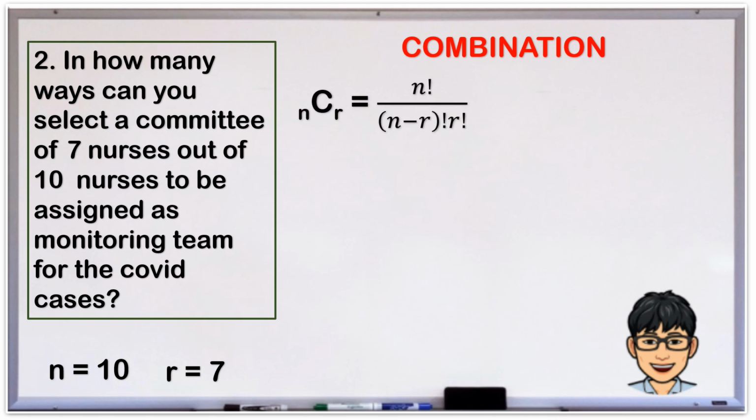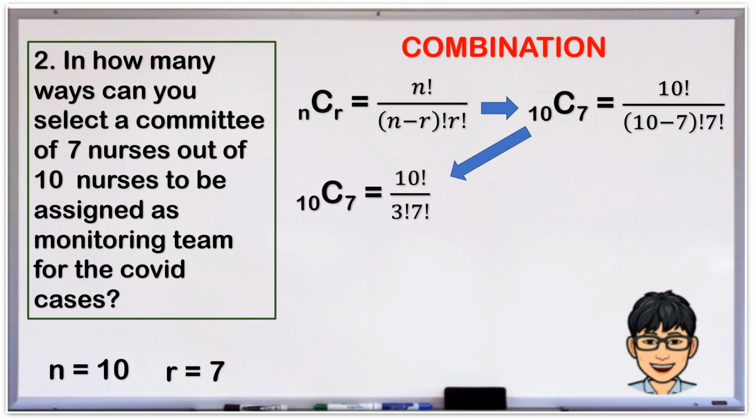Using the formula n select r equals n factorial divided by the quantity of n minus r factorial times r factorial, we have 10 select 7 equals 10 factorial divided by the quantity of 10 minus 7 factorial times 7 factorial, which is equal to 10 factorial divided by 3 factorial times 7 factorial.